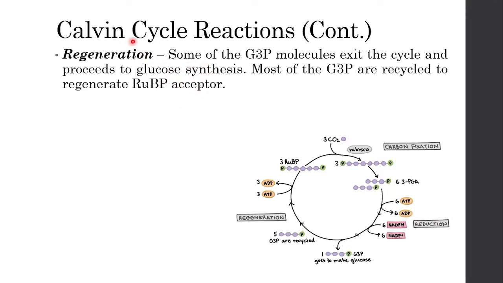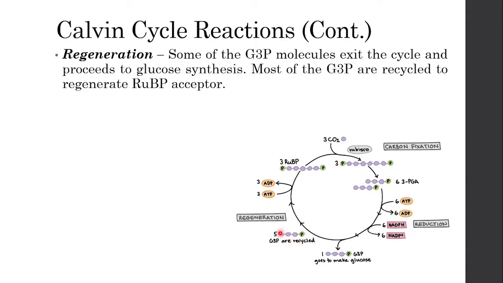Just remember that after the reduction process, we create 6 molecules of G3P from our 6 molecules of 3-PGA. One of those G3P goes to make glucose, it exits the cycle, while 5, or most of the G3P, are recycled into the Calvin cycle.